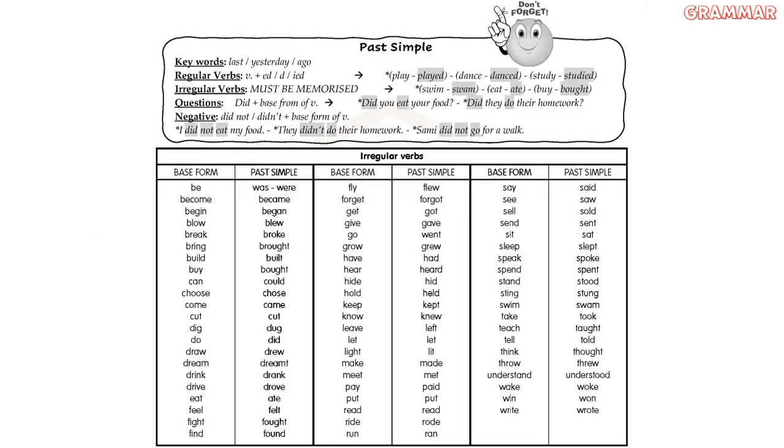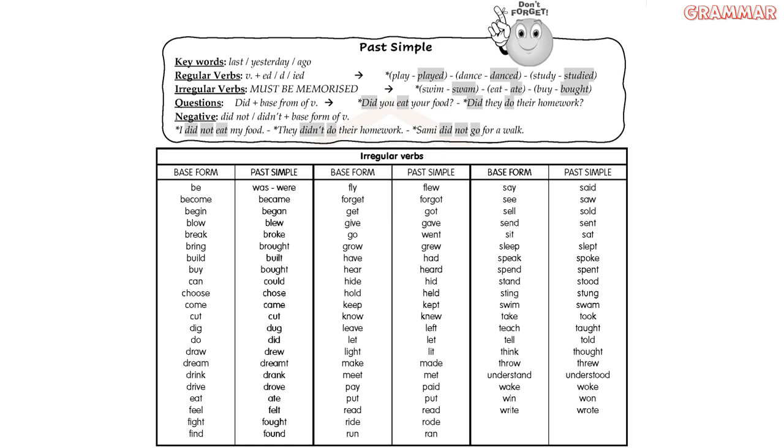Next, we have the past simple. Remember here in the past simple, you have two kinds of verbs. Regular verbs that take ed, like play, played, visit, visited, clear, cleared, open, opened, travel, traveled. This is easy. The problem is with the irregular verbs that you have in this table.